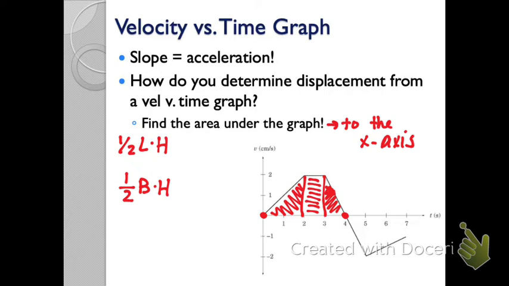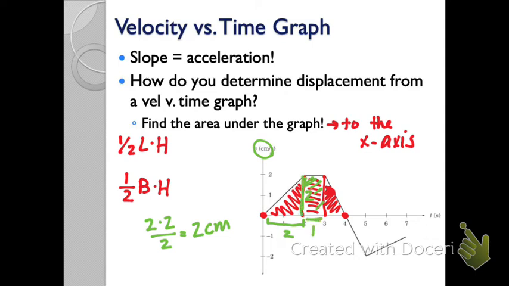So I'm going to take the sides of my triangle. This side would be 2. This side would also be 2. So that means 2 times 2 over 2 gives me 2 centimeters, because this velocity is measured in centimeters per second. The middle rectangle here, this side is 2 and this side is 1.